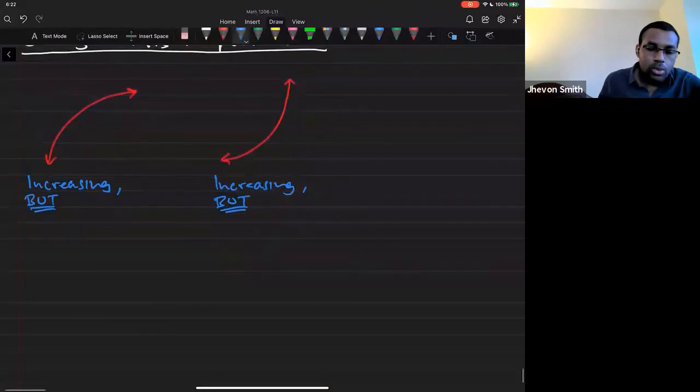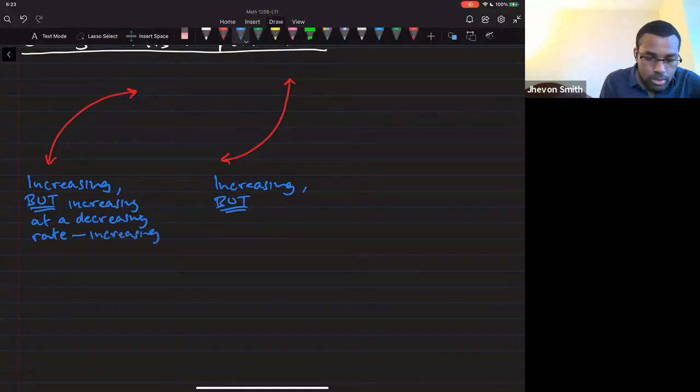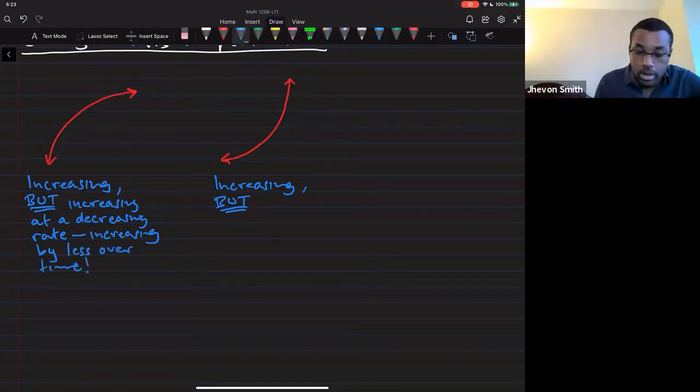In other words, this one is increasing, but at a decreasing rate, so increasing by less over time. A similar thing here: this is increasing, but at an increasing rate.